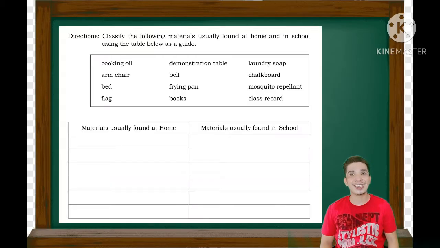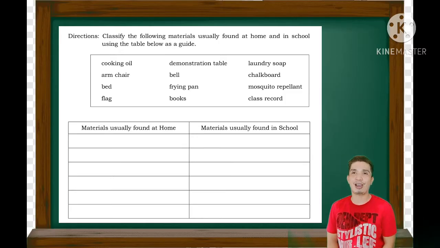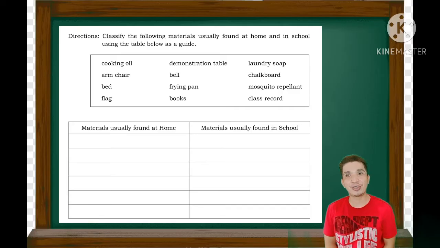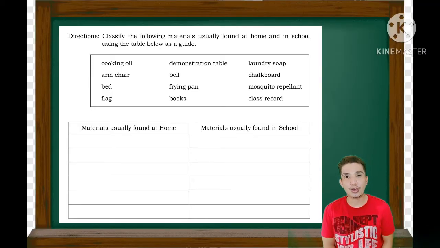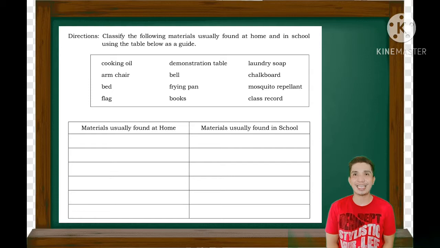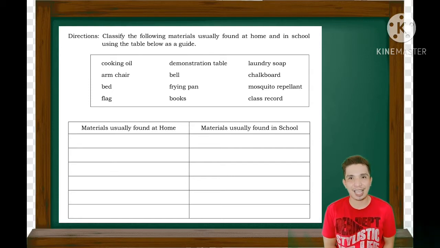What's In? This is a brief drill or review to help you link the current lesson with the previous one. You're going to classify the following materials usually found at home o yung nakikita natin sa bahay, and materials usually found in school or yung materials na nakikita natin sa ating mga silid-aralan.